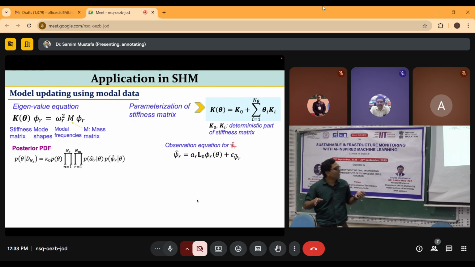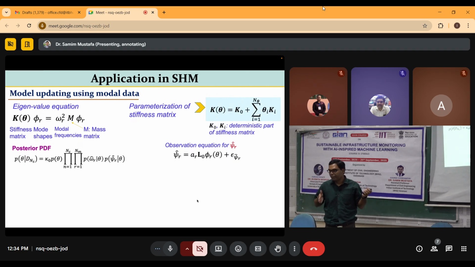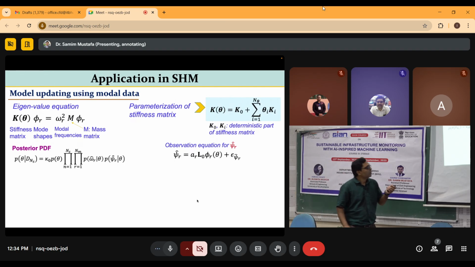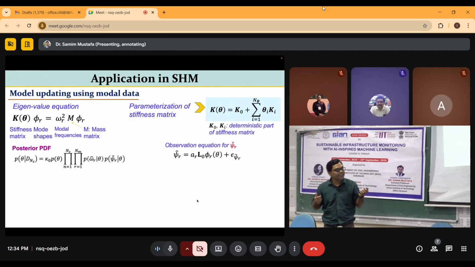The same goes for the mode shape. One of the equations mentioned here is for the mode shape: psi_r is the observed mode shape coming from the test, and these are the mode shape components coming from the numerical model, right? So I have introduced L0 to correlate that it is the mode shape component corresponding to the measured location, okay? So then there is a measurement error or prediction error over there.